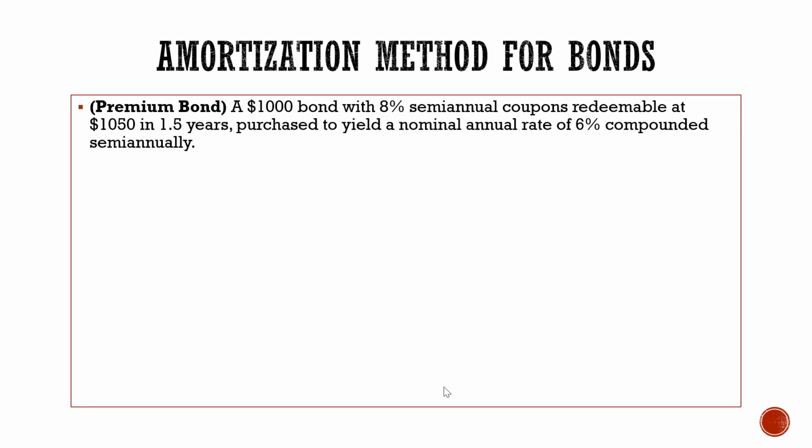Now let's learn how to amortize a bond. It's similar to a loan, but for the bond, there is some terminology that replaces the terminology in the loan amortization method. Let's consider a premium bond, a $1,000 bond with 8% semi-annual coupons, redeemable at 1,050 in 1.5 years, purchased to yield a nominal annual rate of 6% compounded semi-annually.